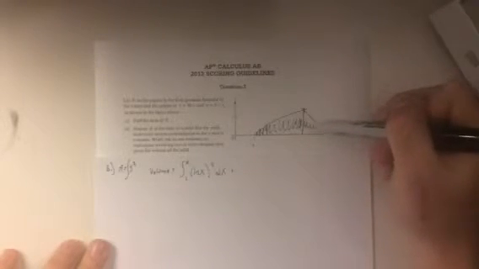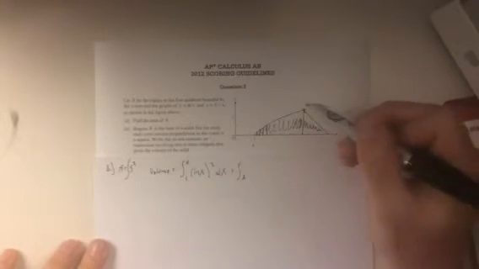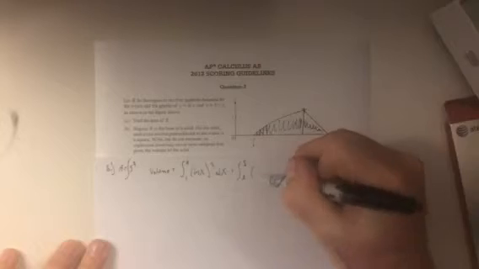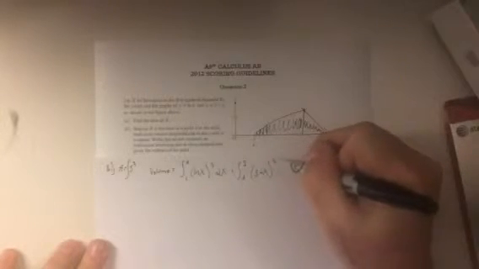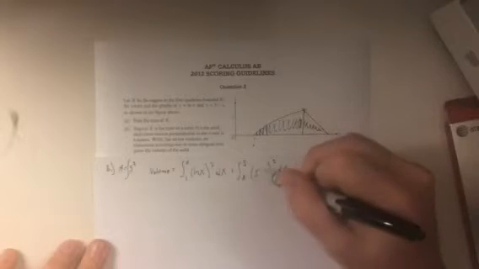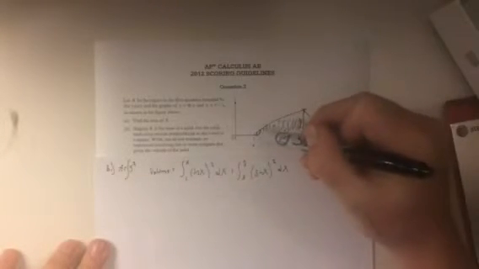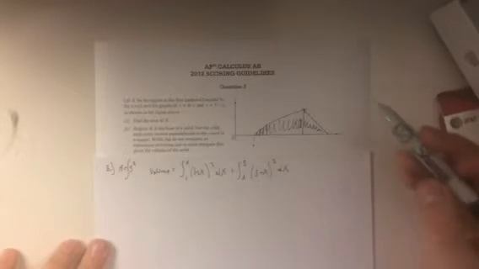But now we have to find the remaining part of the region. That would be from A to 5 of this line, which is 5 minus x, so 5 minus x squared dx. Squared because these are acting as a side of our cross section, which is a square.